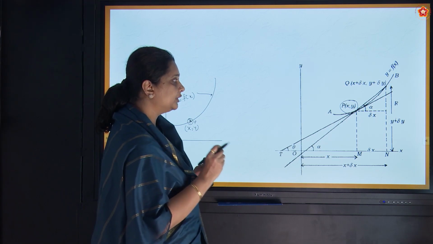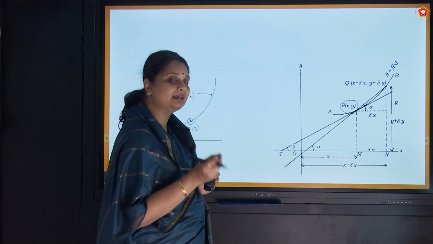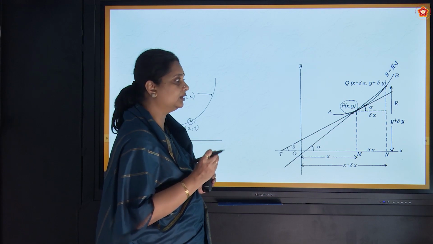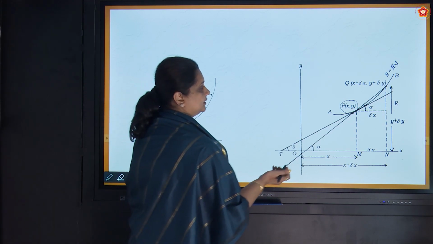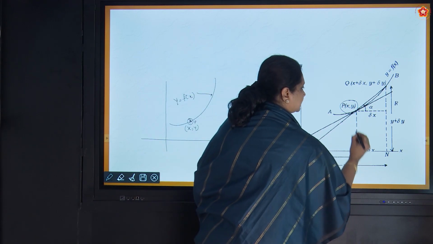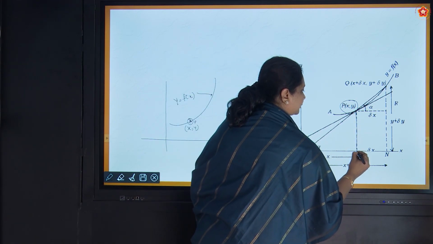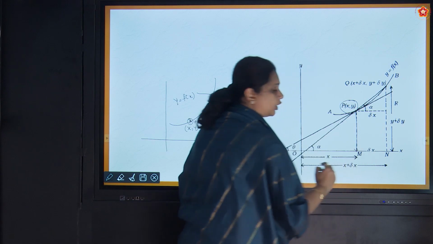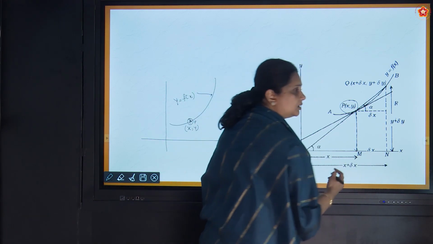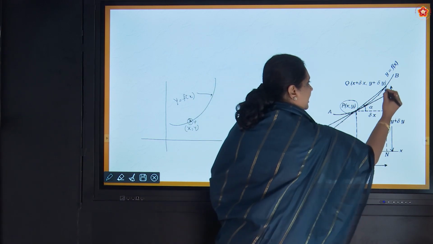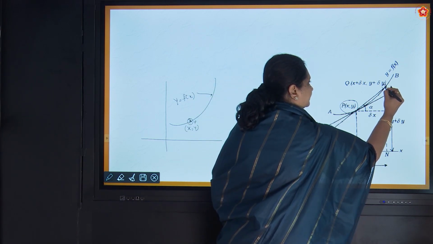Now we are talking about a small increment to the x value, meaning we are raising the x value by delta x. We are trying to plot another point with a higher x value. So I'm moving onto the right on the x-axis and landing at a point here.